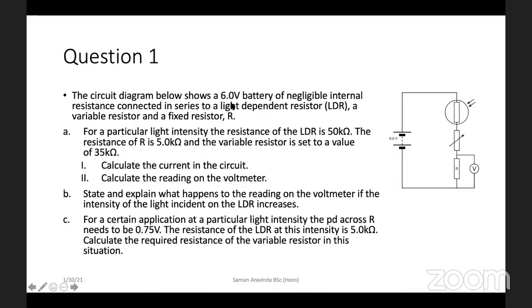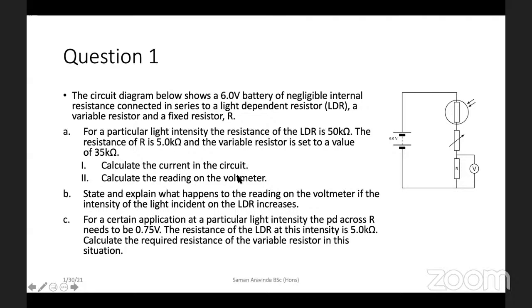The circuit diagram below shows a 6 volt battery of negligible internal resistance connected in series to a light dependent resistor LDR, a variable resistor, and a fixed resistor R. For a particular light intensity, the resistance of the LDR is 50 kilo ohms. The resistance of R is 5 kilo ohms, and the variable resistor is set to a value of 35 kilo ohms. Calculate the current in the circuit.